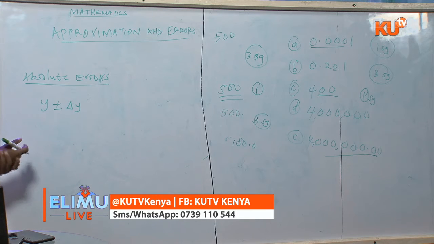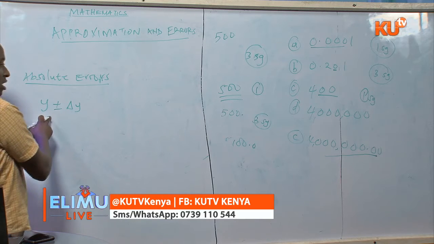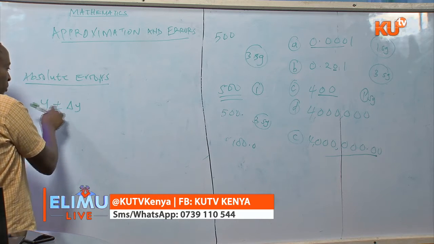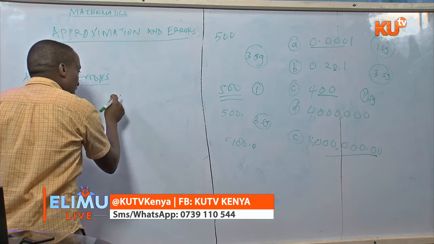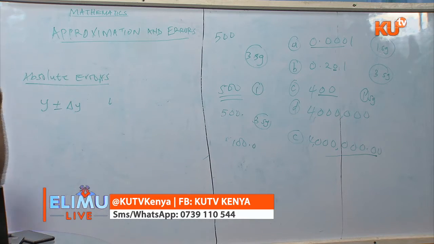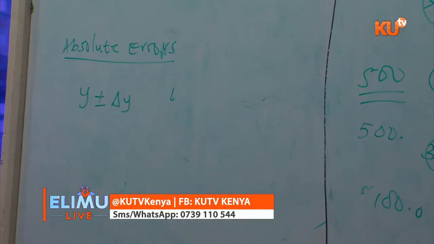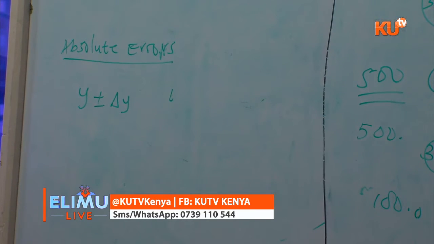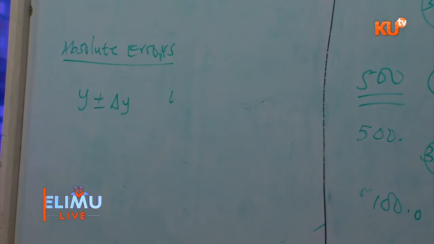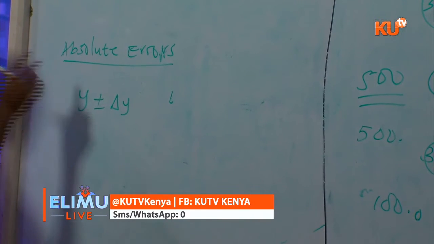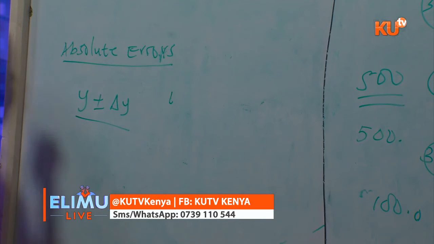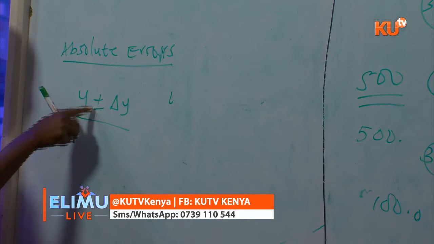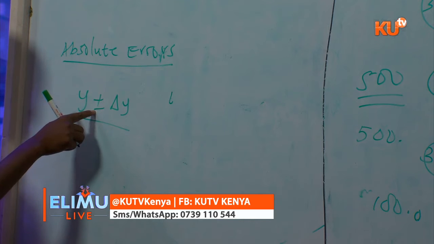So if it was in a gradient and I want to get the absolute error, this is the absolute error. It means the actual number, and how much you add or you subtract. So absolute error is the error of uncertainty when measuring any geometrical and non-geometrical things. If we put in our case Y, which can be any other letter, it doesn't necessarily have to be Y, it can be change of Y, either plus or minus.